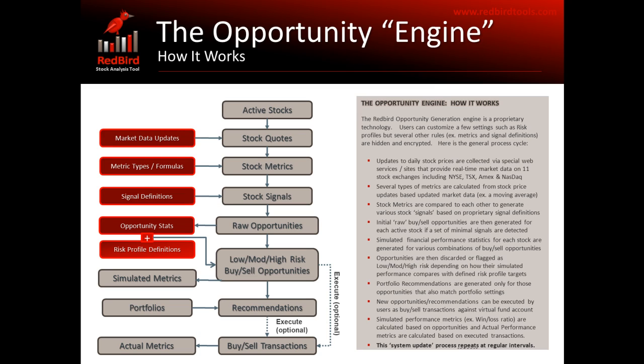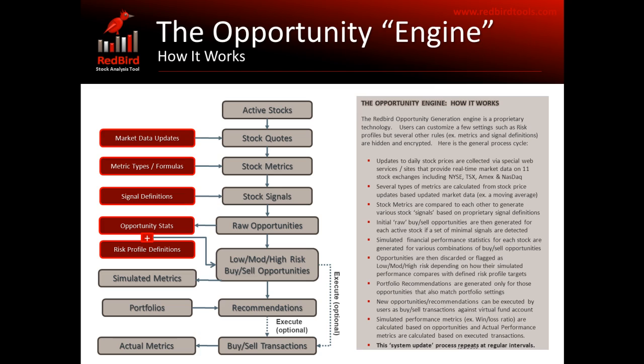These opportunities are then flagged as low, moderate, or high risk depending on how their statistics compare with specific risk profiles that are defined by the users. Portfolio recommendations are then generated from certain opportunities if those opportunities happen to match the specific target stocks and settings within a user's portfolio.